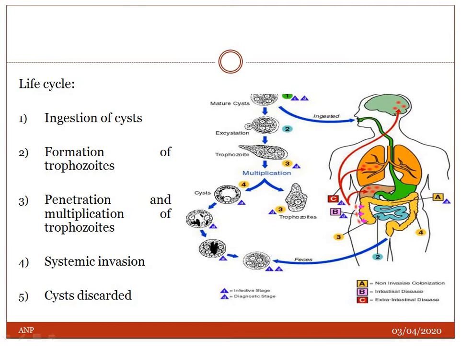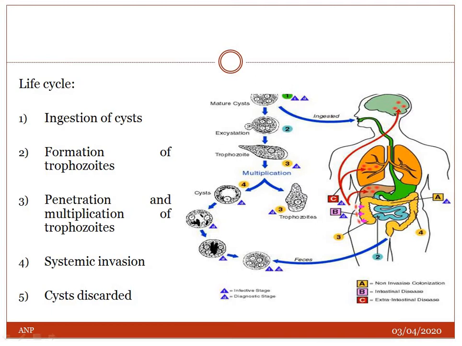In the third step, penetration and multiplication of the trophozoites, the trophozoites penetrate the intestinal wall and multiply within the colon wall. They either invade and ulcerate the mucosa of the large intestine or simply feed on the intestinal bacteria.